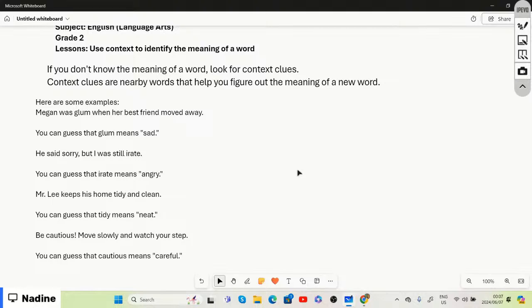And context clues are nearby words that help you figure out the meaning of a new word.